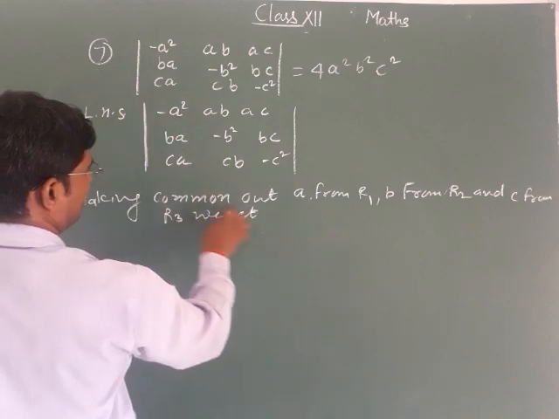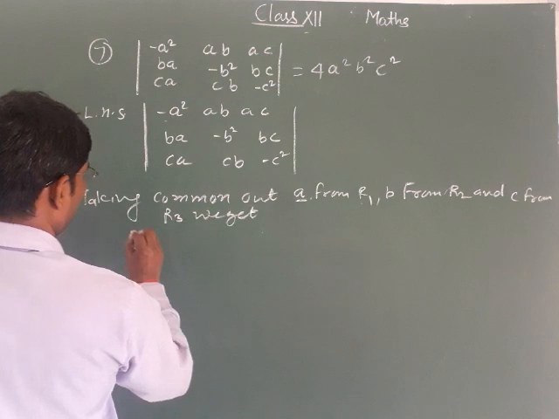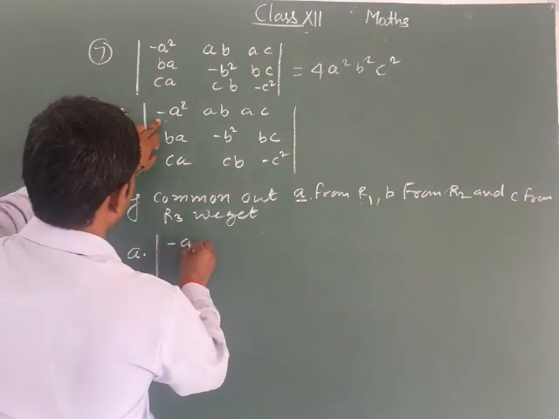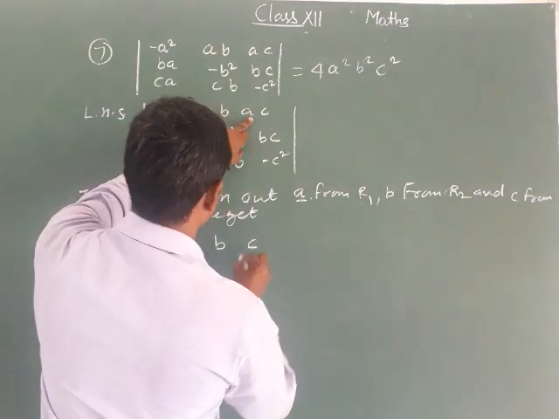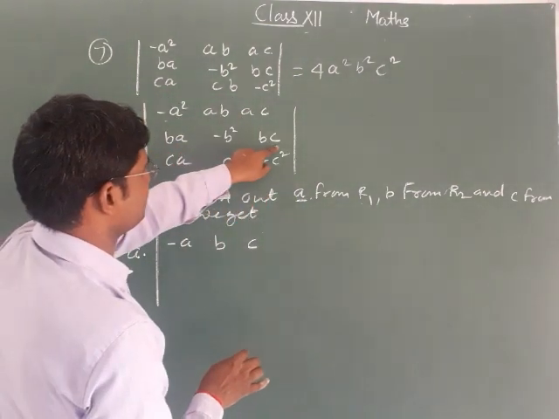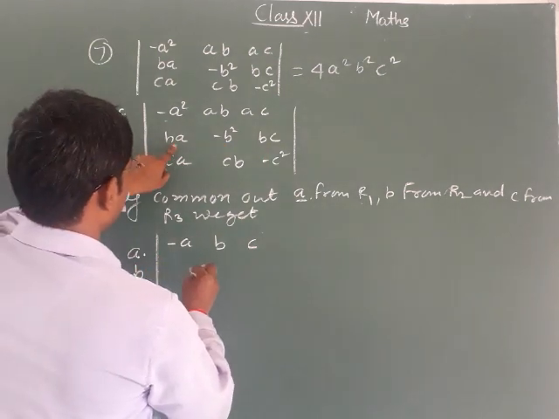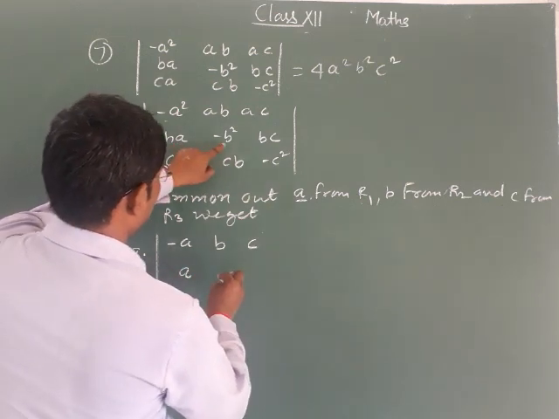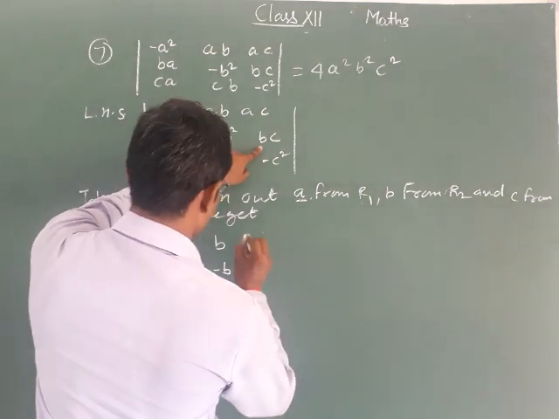Common out a from R1, so we get minus a, b and c. Also common out b from R2, so this is a, minus b, c.